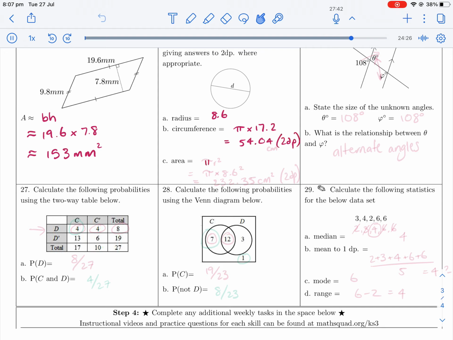And the area, that's pi r squared. Pi times 8.6 squared equals 232.35. I need to put in my units, square centimeters, and this one is just centimeters.